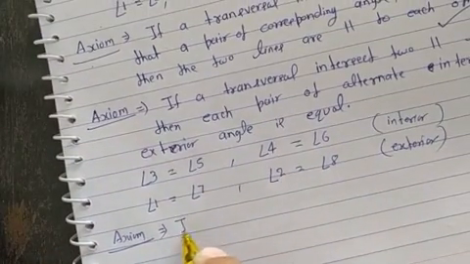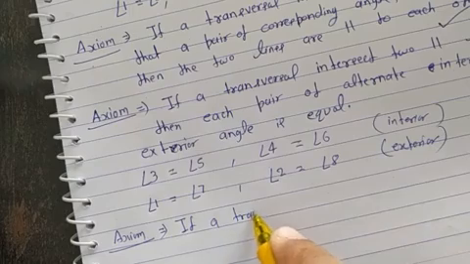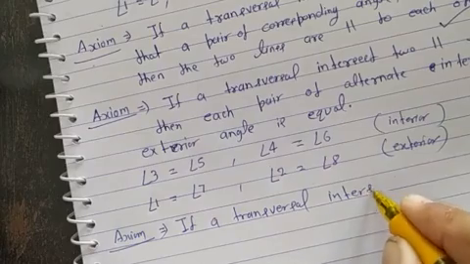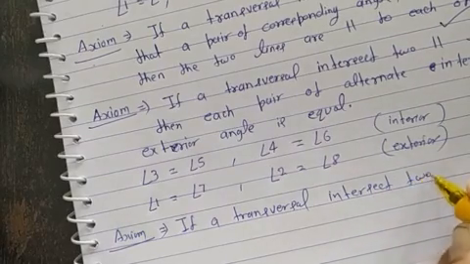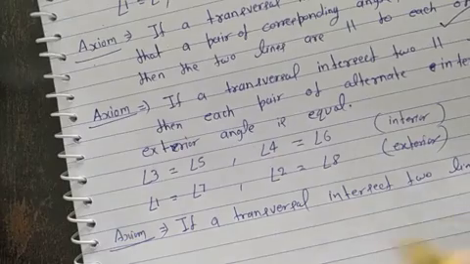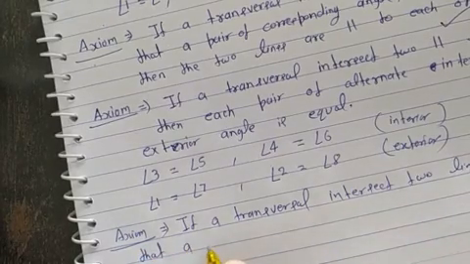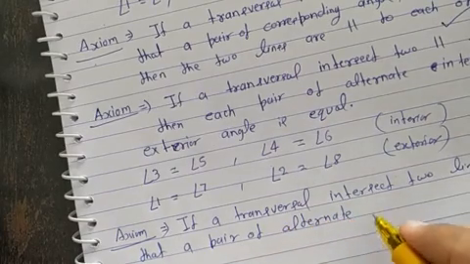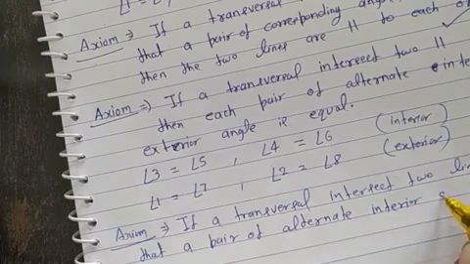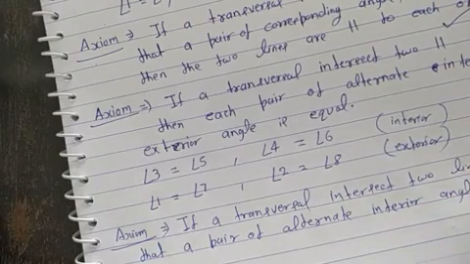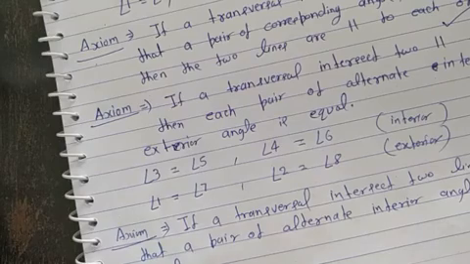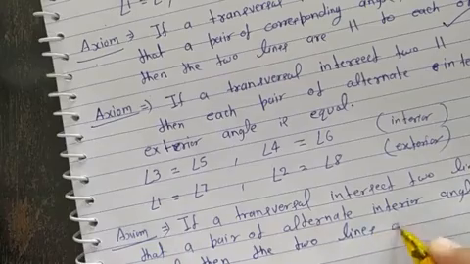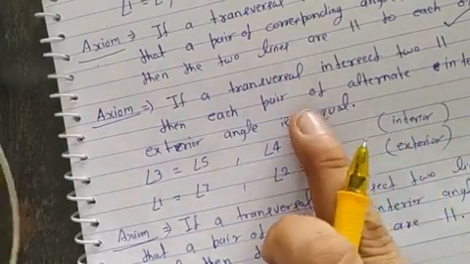If a transversal intersects two lines such that a pair of alternate interior angles is equal, then the two lines are parallel.